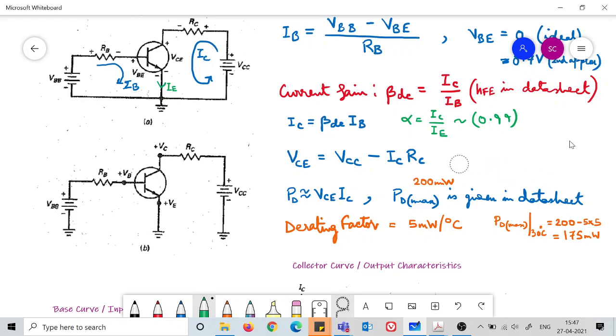To be more precise, we should write IC as, so I would make a block here with this pen.